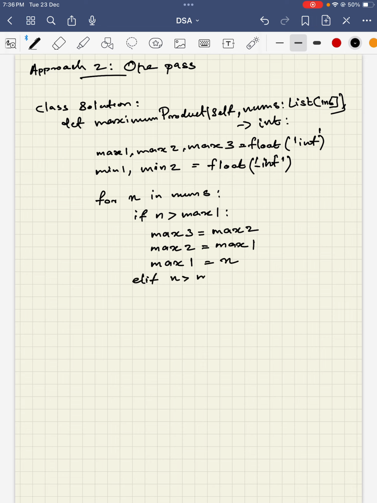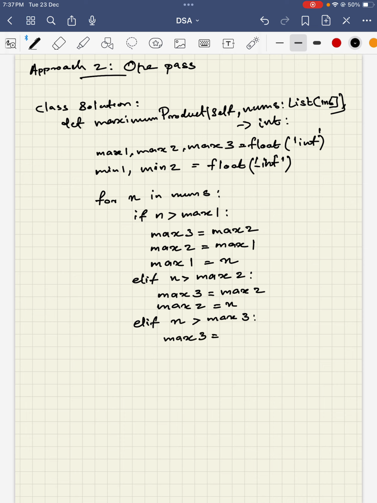If n is greater than max2, we keep that hierarchy here: max3 gets the max2 value, and then max2 is assigned the n value. Or if n is greater than max3, then assign max3 with n. That's how we get the maximum 3 elements.